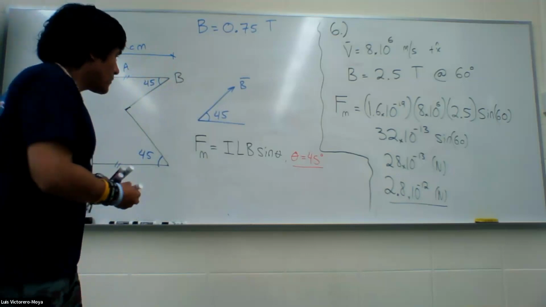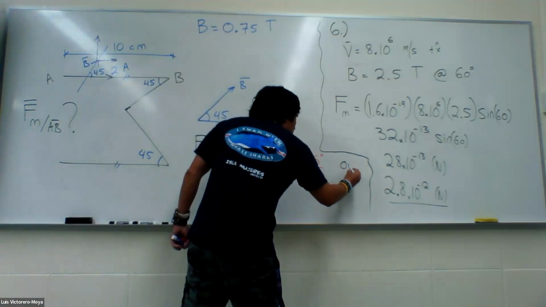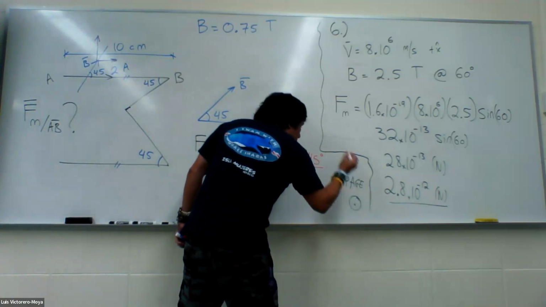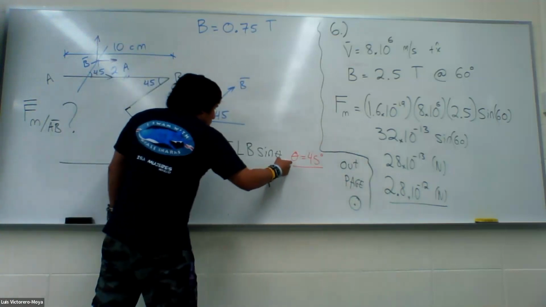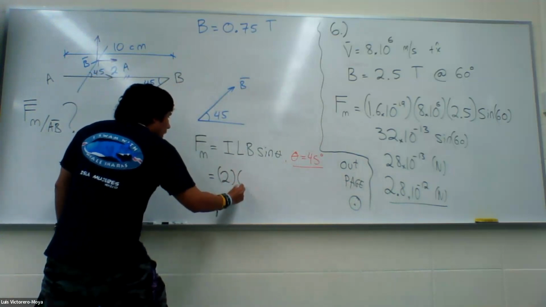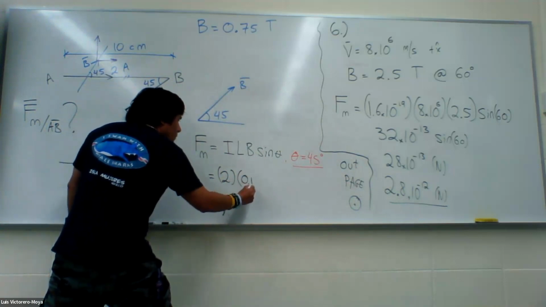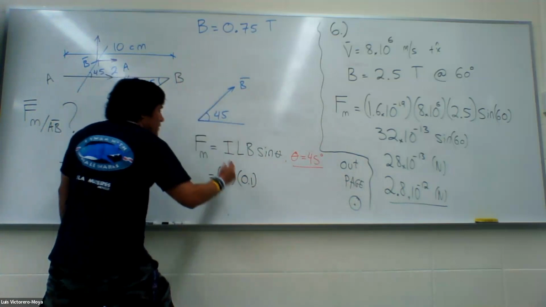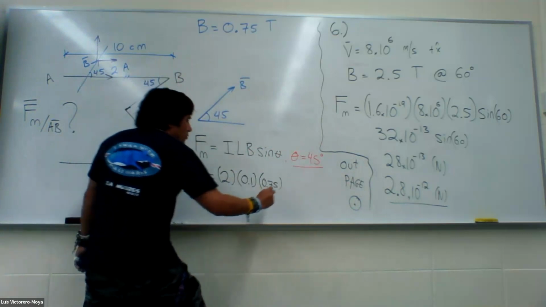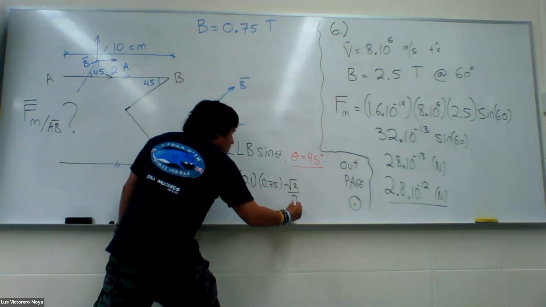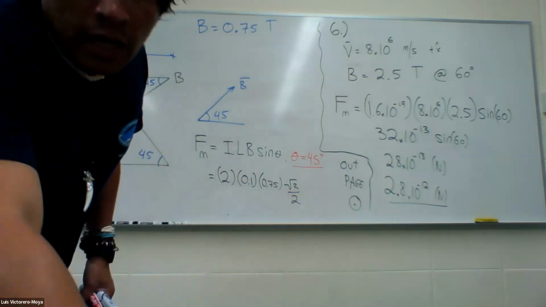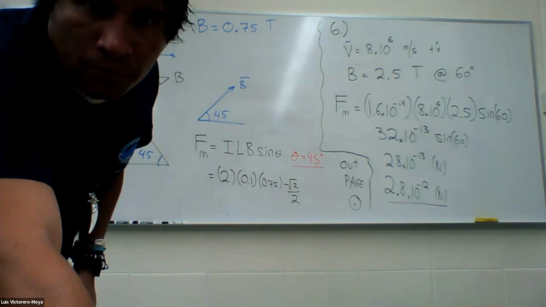So that's the direction, out of the page. There you are. What about this? I is 2, L is 0.1, B is 0.75, sine of 45, root 2 divided by 2. And that's how you solve this problem.